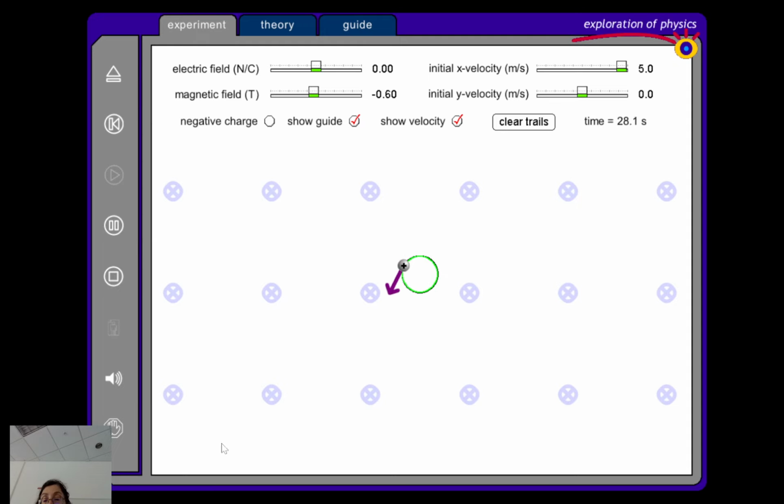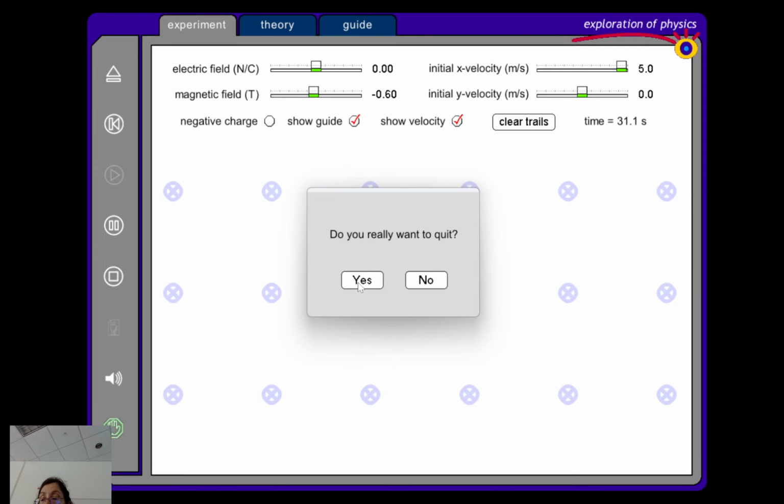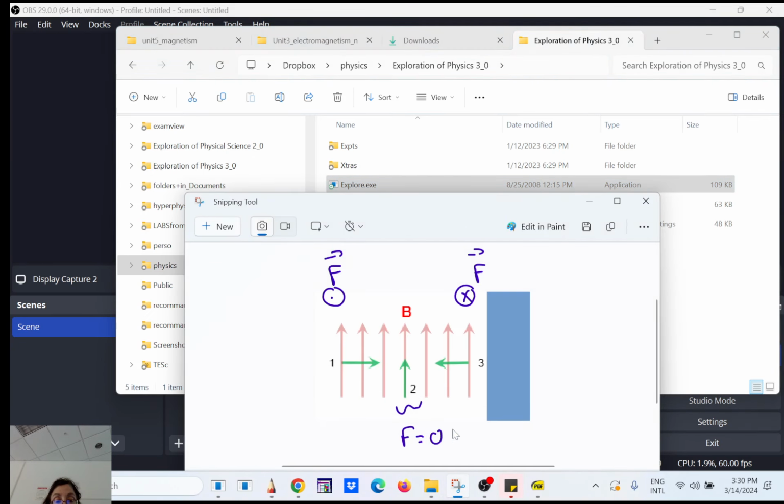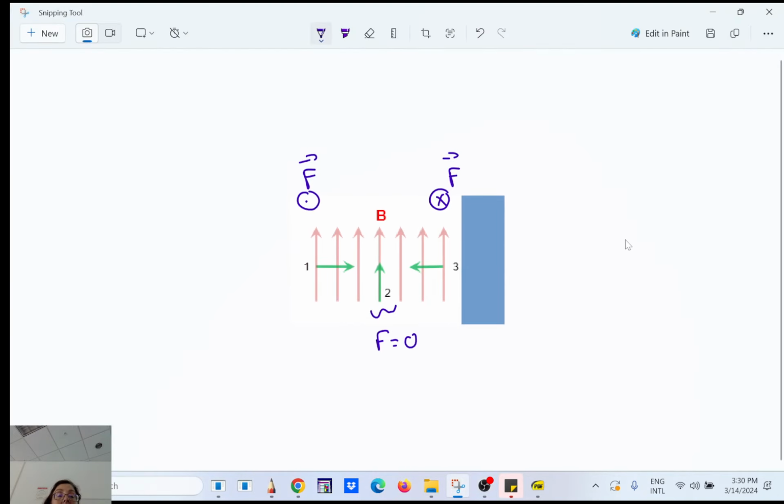Okay, so why is that? Let's see if I have time. 2 minutes, I have 2 minutes. Do you remember when we had the Earth here? And you have the moon? And the moon wants to keep going in a straight line at a constant speed. Is that possible? It wants to keep going straight at a constant speed? No, it can't, because there is a force here pulling it back onto the track.